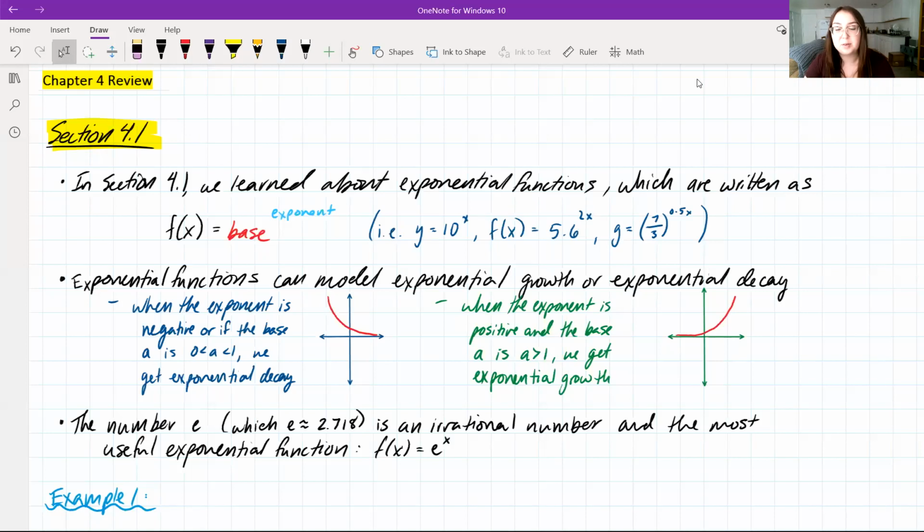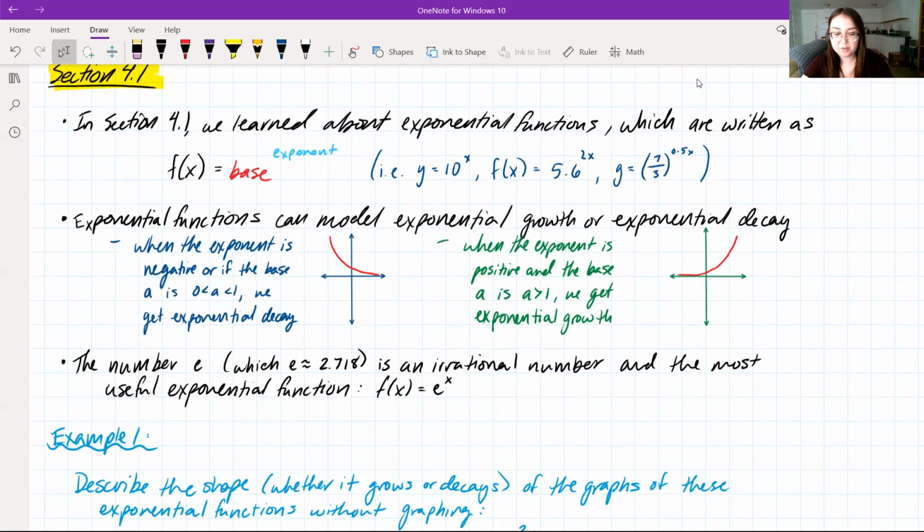Examples of exponential functions would be y equals 10 to the x power, f of x equals 5.6 to the 2x power, g equals 7/3 to the 0.5 power. Those are just some examples. Whenever we see them written, they're always written as the base with the exponent. Usually the exponent is what contains the variable.